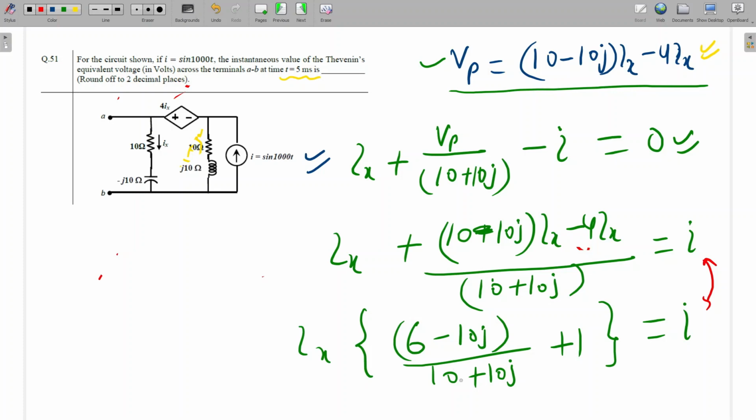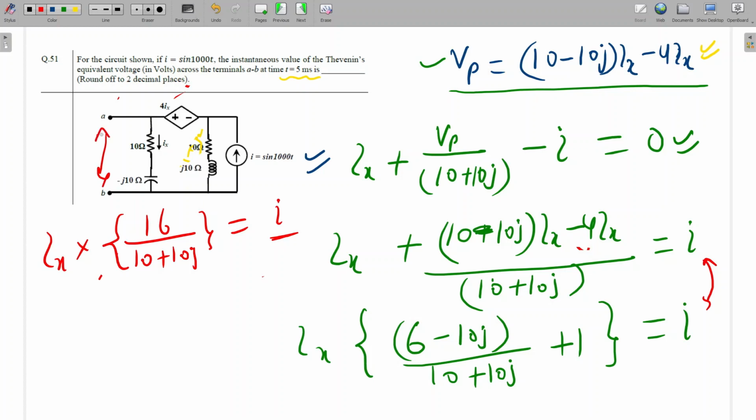Further we can simplify this equation: here it will be (10 plus 10j) at top. So 16 divided by (10 plus 10j), it will be Ix into 16 divided by (10 plus 10j) is equal to I. Is it clear? So what will be the Vx? This is the Vx across VAB.